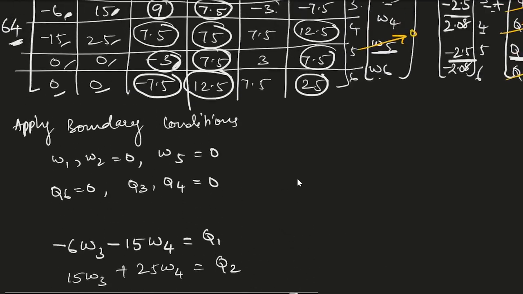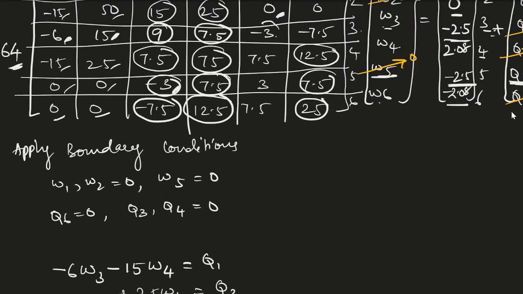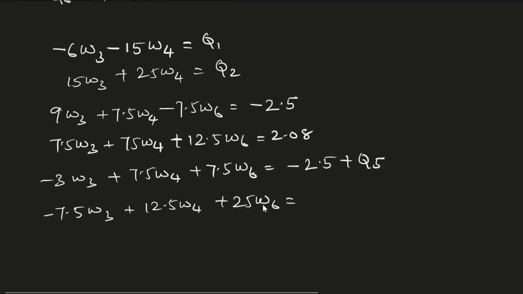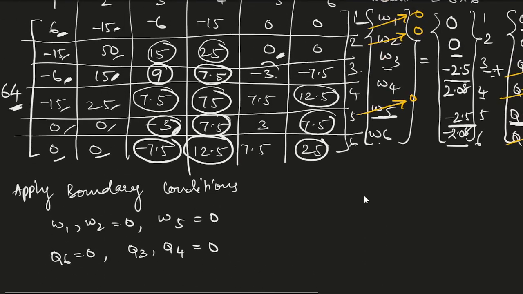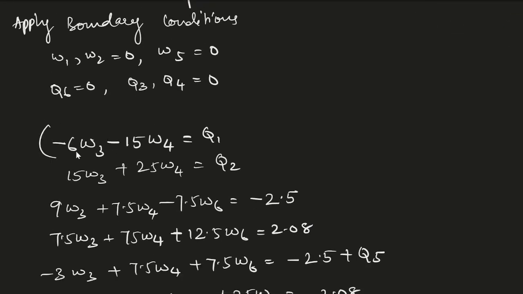This is equal to minus 2.08 plus 0, the value is minus 2.08. Again we have to make sure that here we have a 64 outside, so I'm going to write 64 here also. Every equation will have a 64.